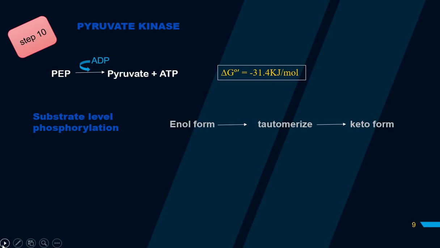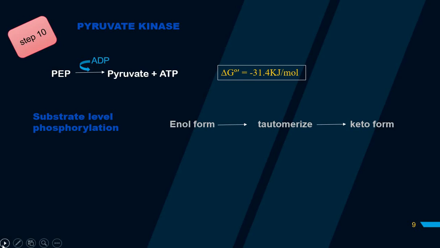And the final step is conversion of phosphoenol pyruvate to the ultimate product pyruvate, which consumes ADP and liberates ATP. The amount of free energy liberated here is minus 31.4 kilojoule per mole. The enzyme guiding the reaction is pyruvate kinase, and here also substrate level phosphorylation takes place.